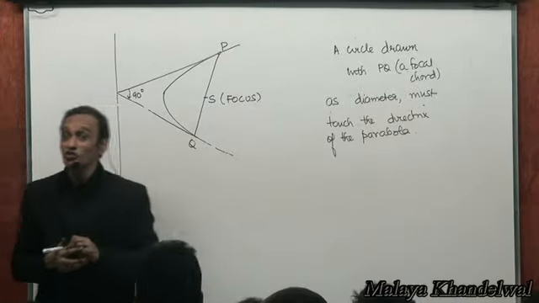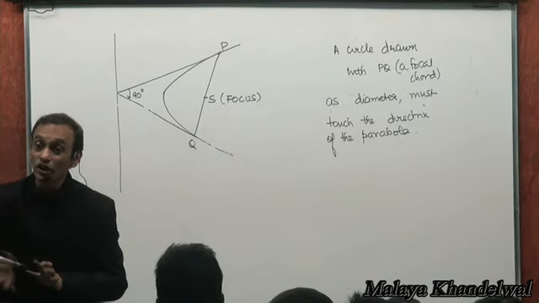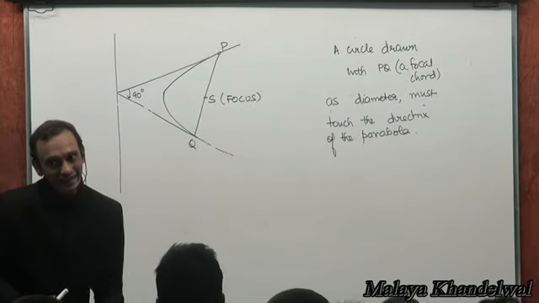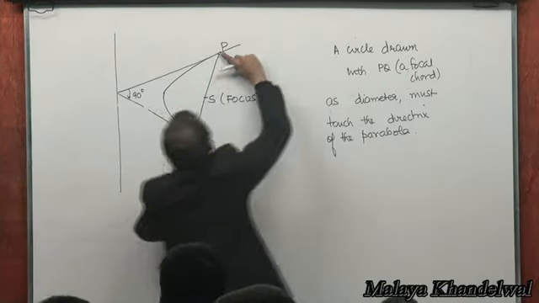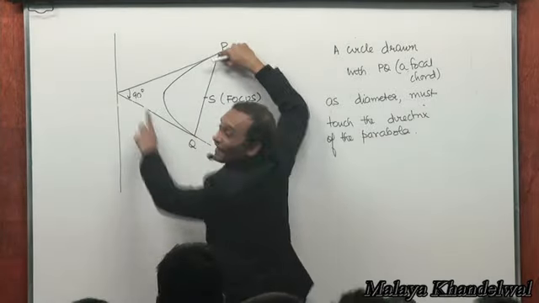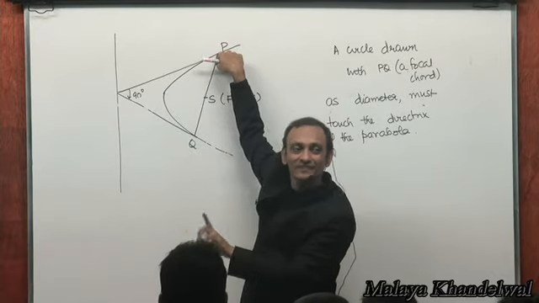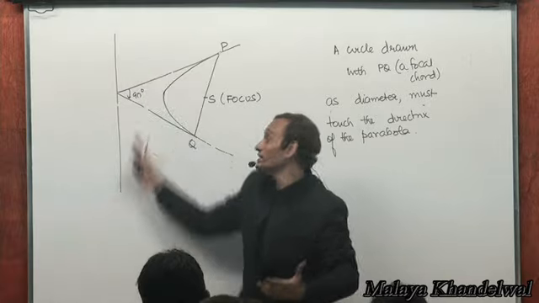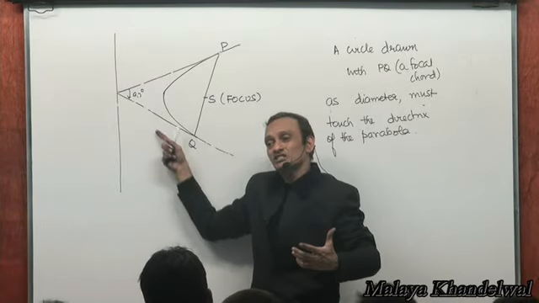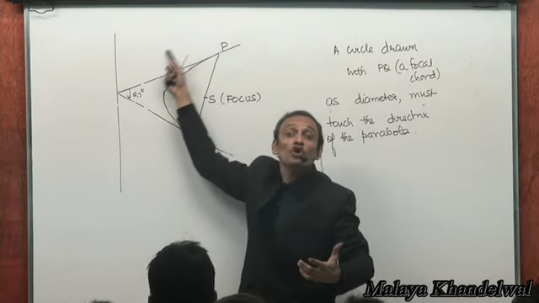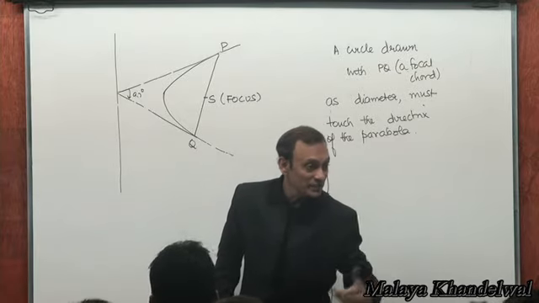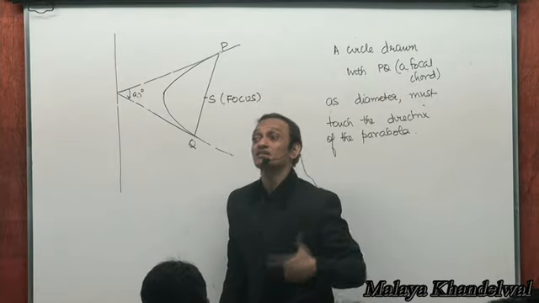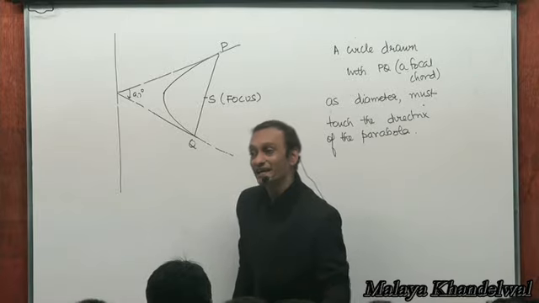Tangents at the extremities of a focal chord must be perpendicular, and they must intersect on the directrix. With this as the diameter, this will be the angle in a semicircle. Think about it. So the directrix must touch the circle drawn with focal chord PQ as the diameter.